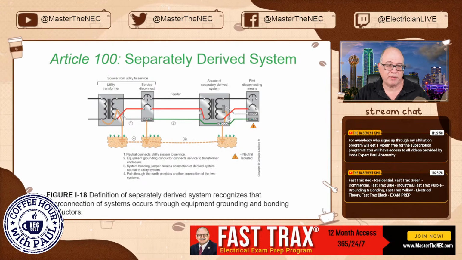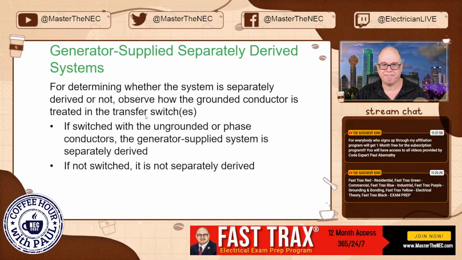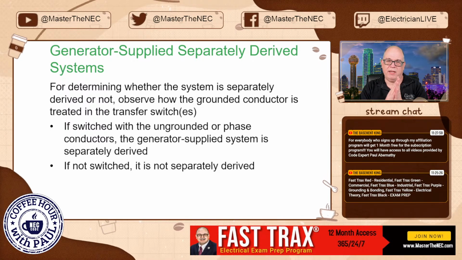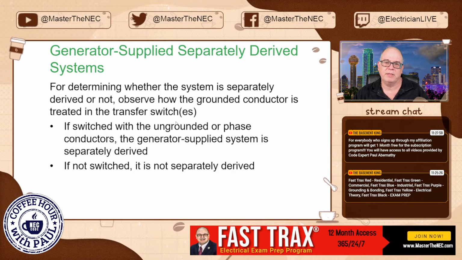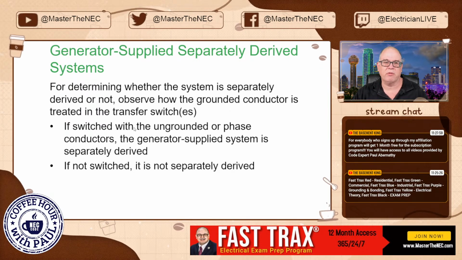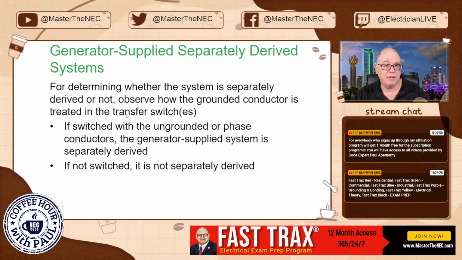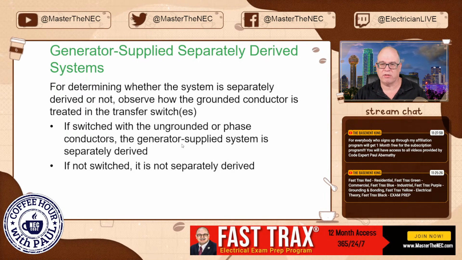Transformers are separately derived systems, except for autotransformers. Okay. Now, one of the things we want to talk about real quick is generators. In these basic fundamentals, for determining whether the system is separately derived or not, observe how the grounded conductor is treated in the transfer switch.